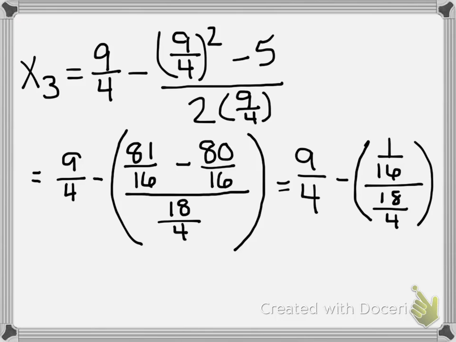So as you can see, all that we have done was we took the 81 minus 80 over 16, and we got our 1 over 16, and our 18 over 4 stays in the denominator. But you know, this kind of looks nasty, and to actually be able to use it and do anything with it, we will need to clean that up a little bit.